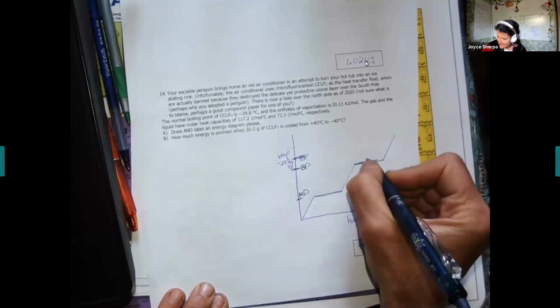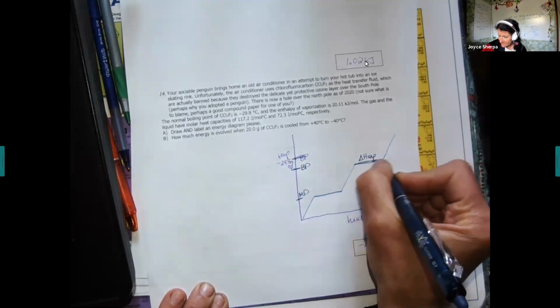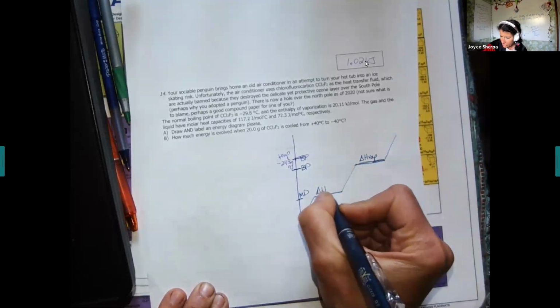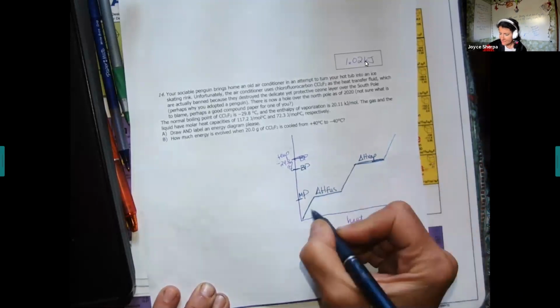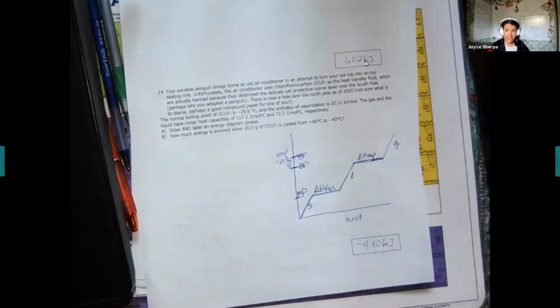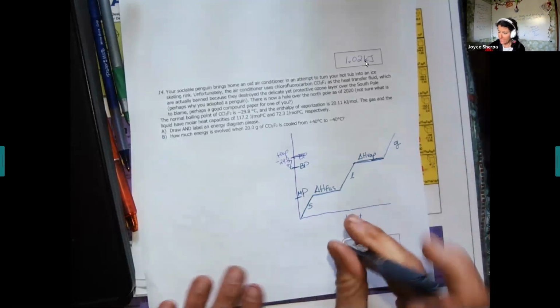The upper one corresponds to delta H of vaporization. The lower one is delta H of fusion. Then you have these 3 diagonal lines, and they correspond to being the solid, the liquid, and the gas. So when you make your drawing, that's really all you have to have labeled.